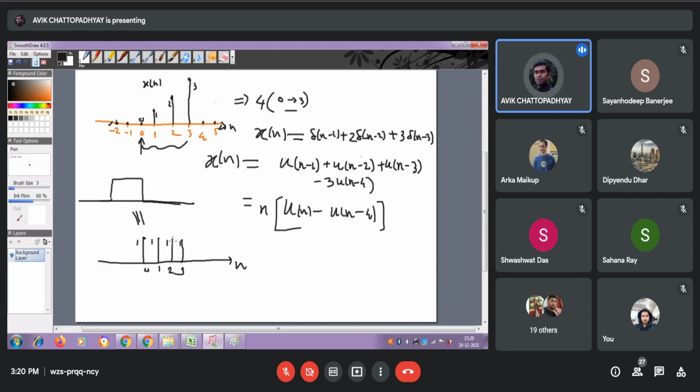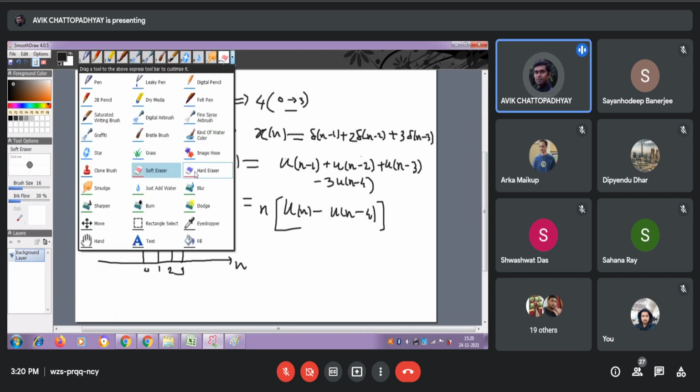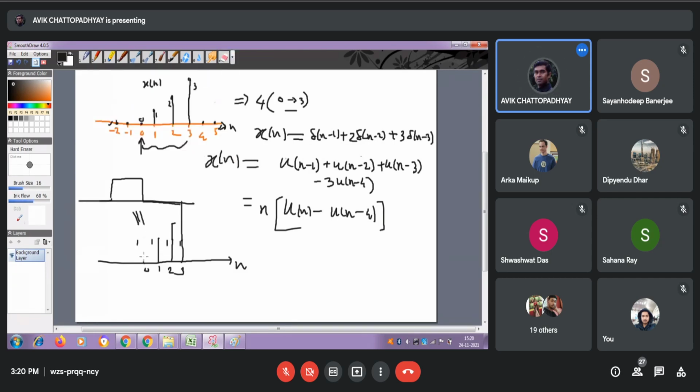For n equals 2, it will become 2. And for n equals 3, it becomes 3. And the resultant signal is this, similar to this. So this is another way to represent it. These are the different ways to represent my x[n], or in general any kind of discrete time signal.